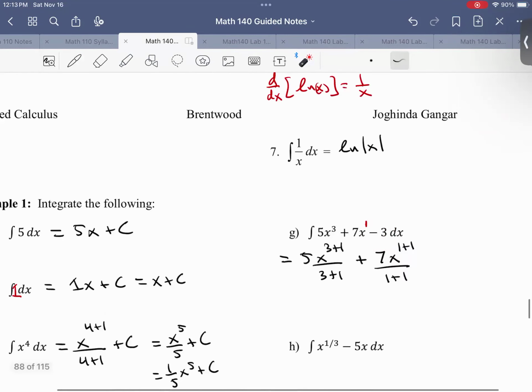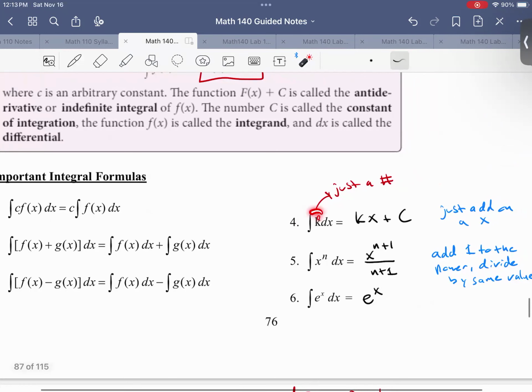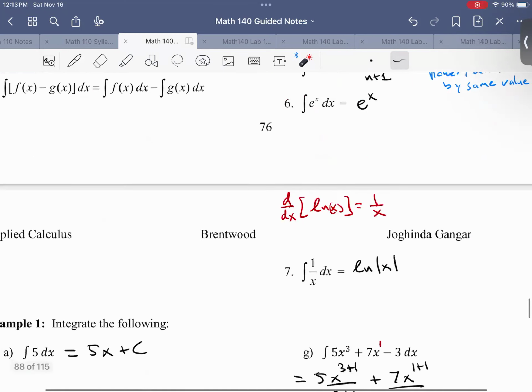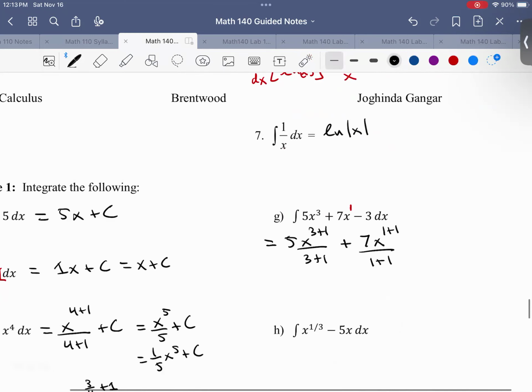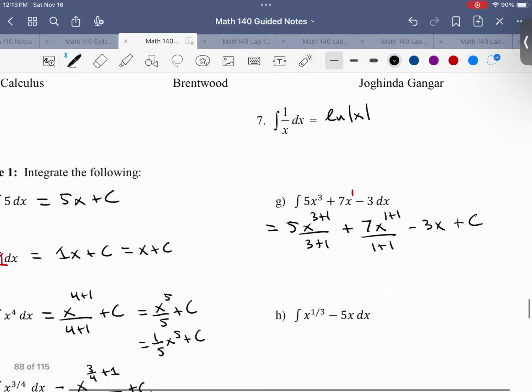Recall when we just have a coefficient or a constant, we just tack on an x there. So this 3, when we integrate that, just becomes 3x. And don't forget your plus c. Okay, let's go ahead and simplify this out.